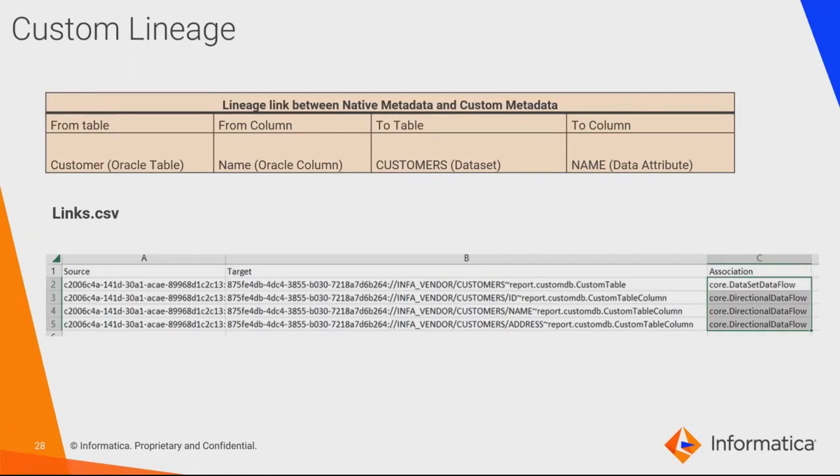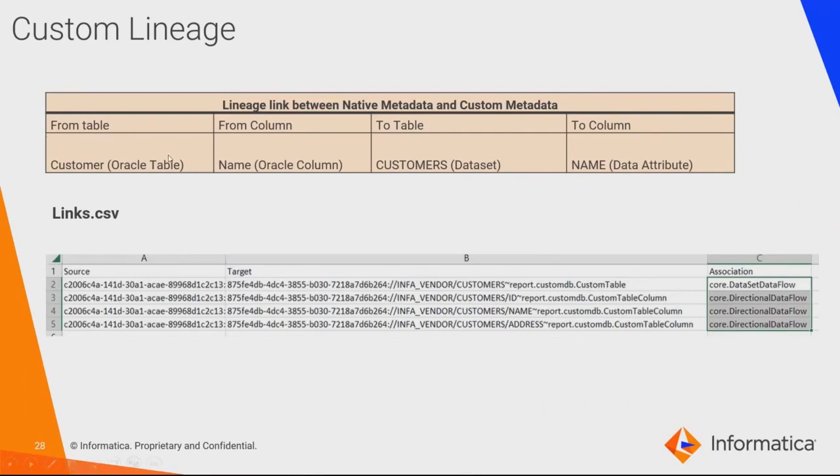Now, we will start with one extra curation further to what Kader has presented on custom scanner. This showcases the use case where you have a requirement to connect a native metadata object, which is extracted into the catalog, with the custom metadata object.